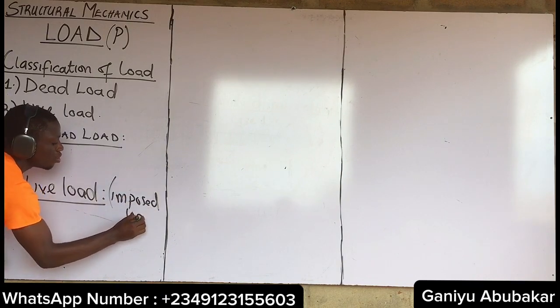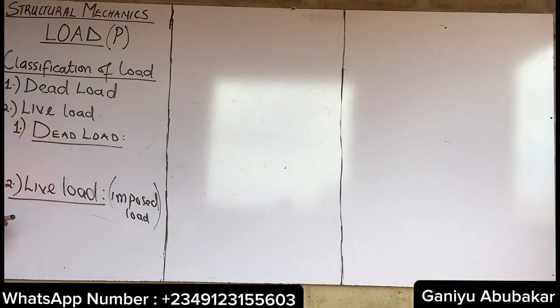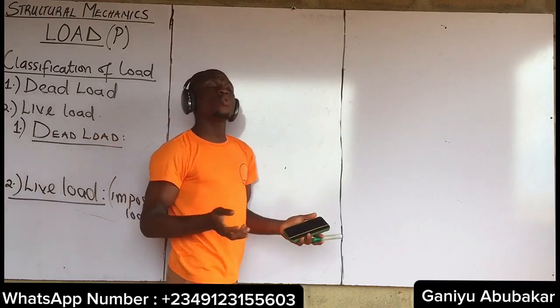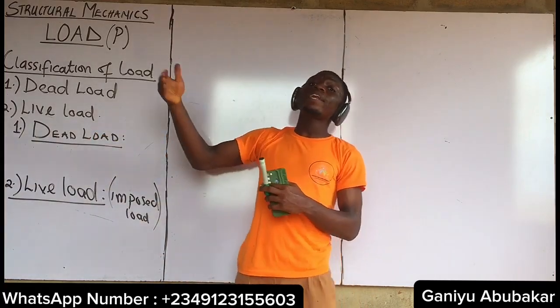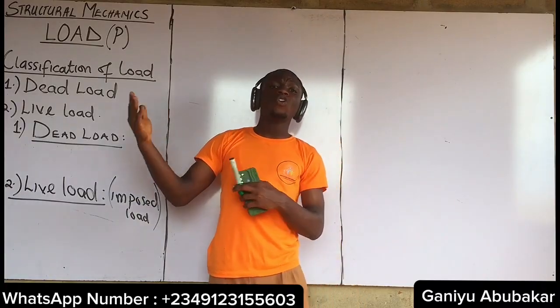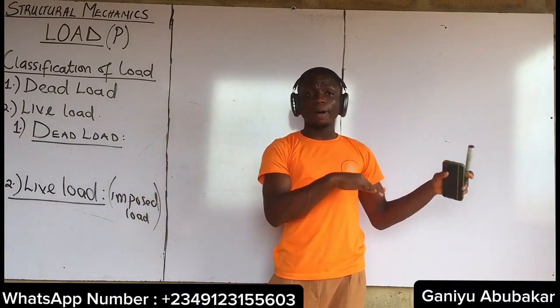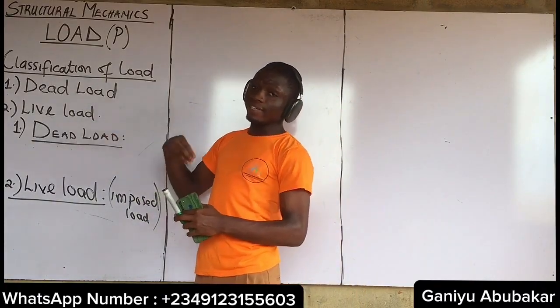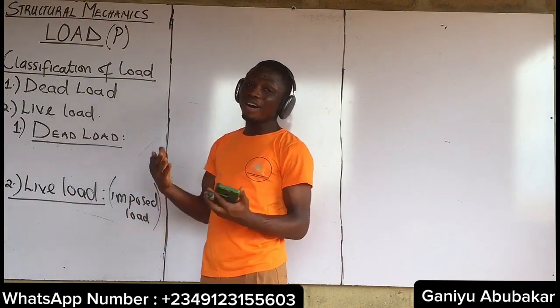Either you hear the word imposed load or you hear the word live load. This is the type of load that is temporary on a structural member. So dead loads are permanent, while live loads are temporary.